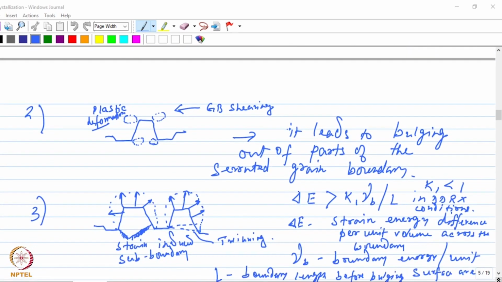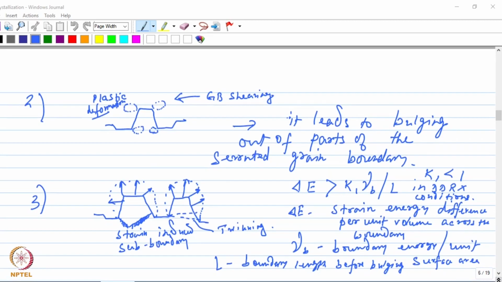And the dominant mechanism for nucleation in case of DDRX is the grain boundary bulging mechanism, where we have seen that due to the development of dislocation density gradients across the boundaries, conditions are generated for the bulge to form, and this can act as the nucleus.